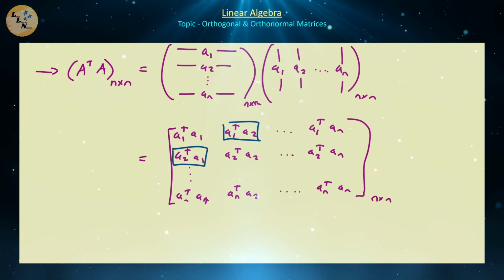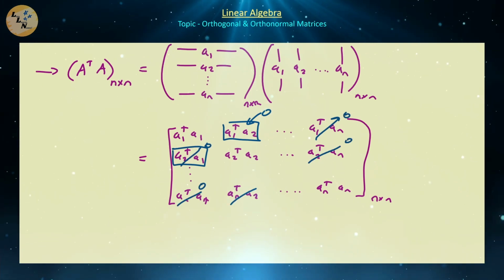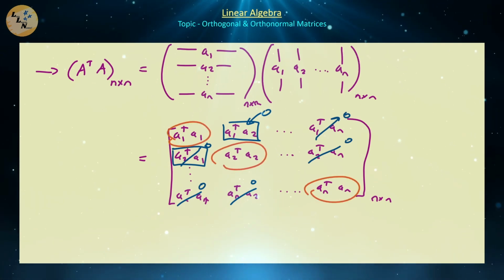All right, so what is that going to be? If A1 and A2 are orthogonal to each other, their dot product, which is another way of writing A1 transpose times A2, is going to be equal to 0. So all of these off-diagonal elements are going to be equal to 0. Now what's going to go on the diagonal entries? Remember, if you take a vector transpose with itself, that's equal to the square of the norm.